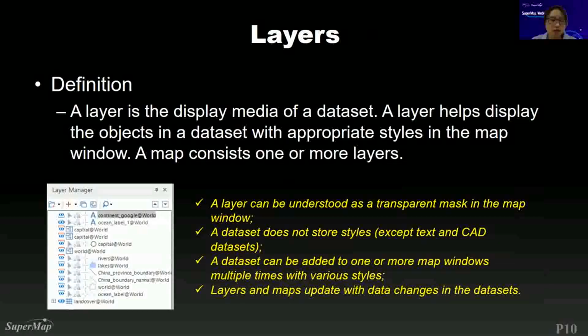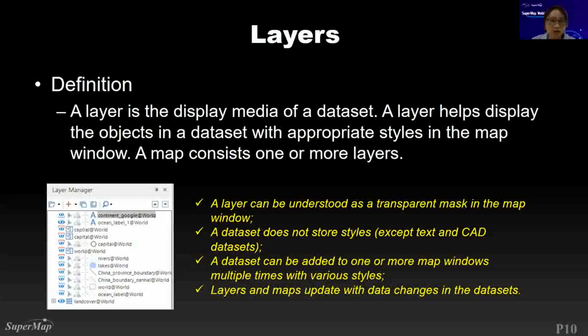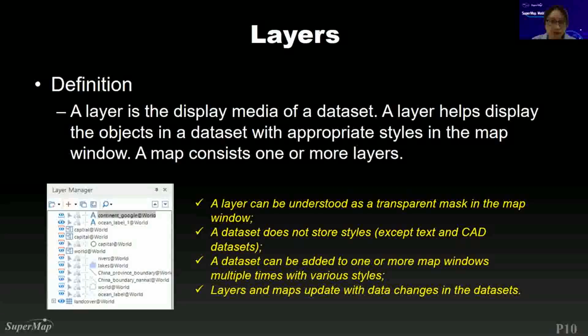Layers: we can understand a layer as a display medium of a dataset. You can display the objects in a dataset with appropriate styles in the map window, and a map may consist of one or more layers.